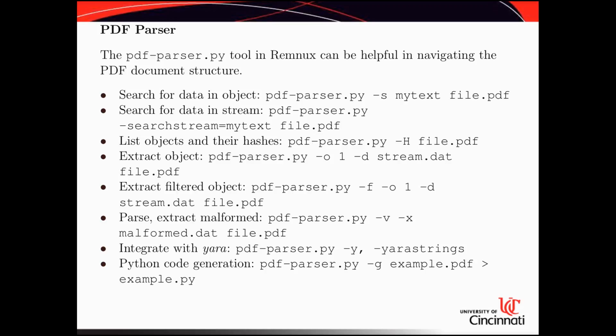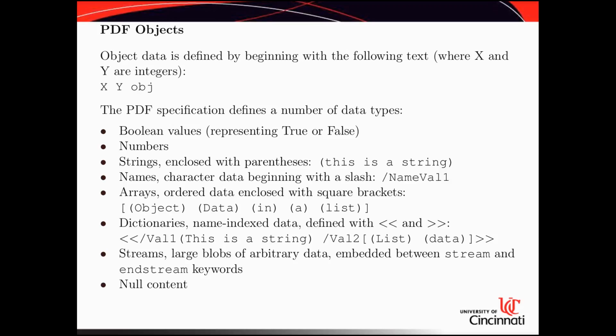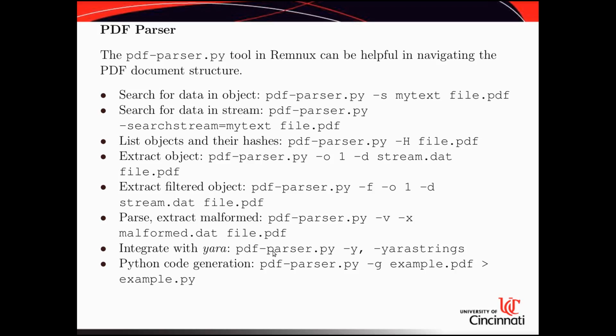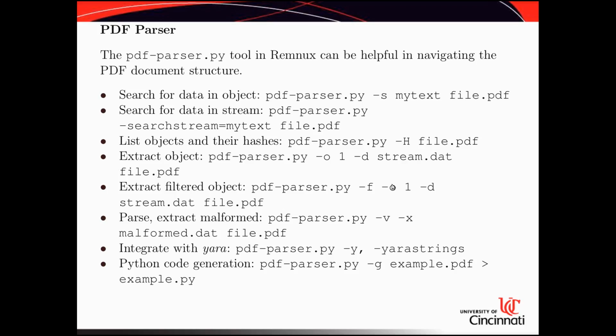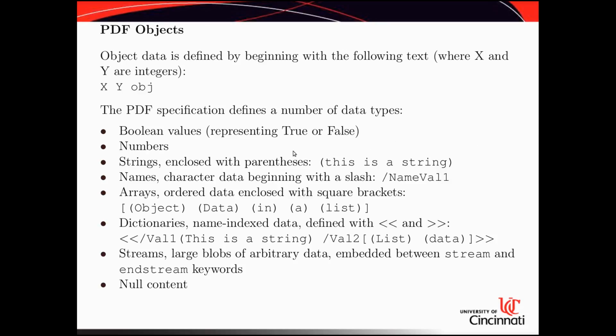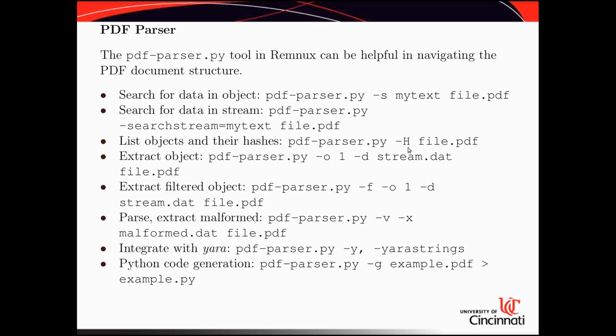In this case, the first one is to search for data in an object. It's looking for the string myText in an object. Or maybe not actually, I think it's just searching object data, not searching inside the stream, but searching whether this stuff here happens to be defined with the word myText.